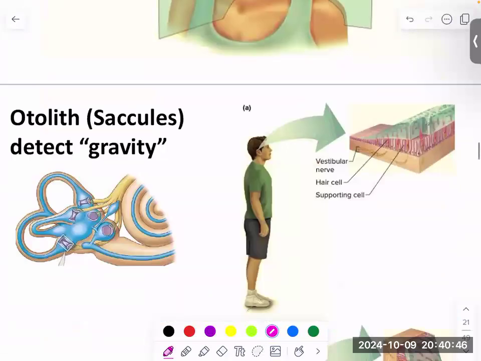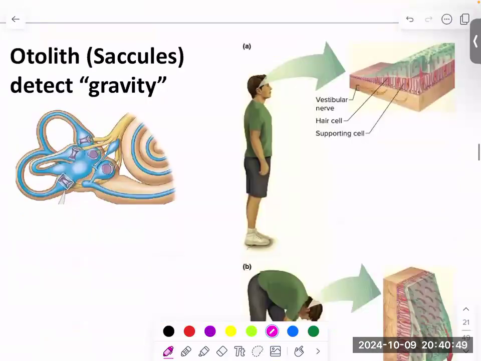The otolith are part of, or the saccules, this region right here. This region, some folks still call part of the vestibule, and that'll work. That's all right. I'm not going to judge. They know better than I do. But they work a little bit differently than the vestibule.